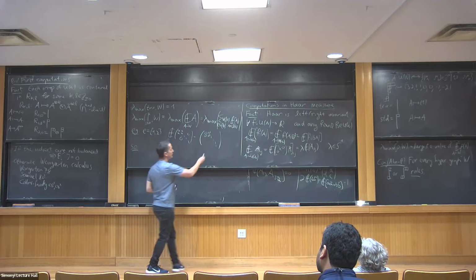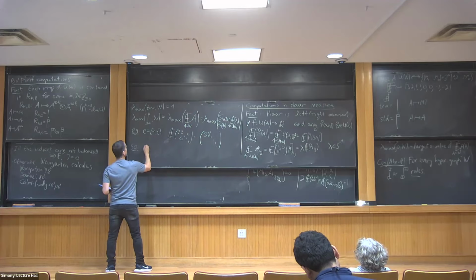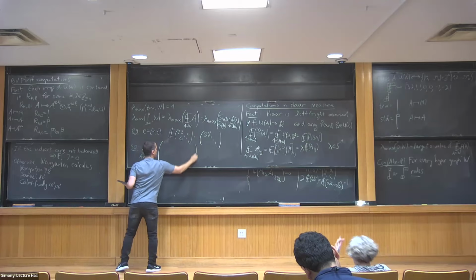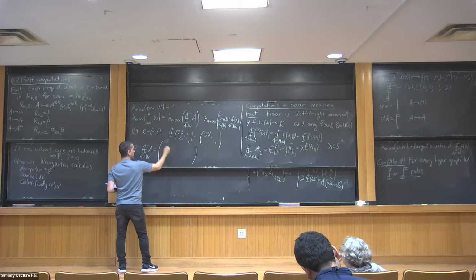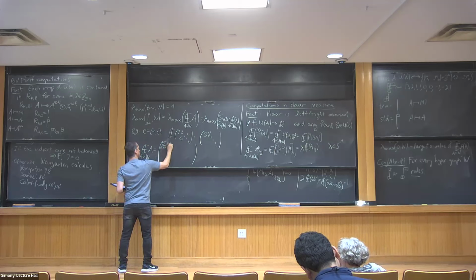So if I do the sum, I get that the expected value of A is the diagonal matrix. Here in this entry, I get the sum over all the edges that don't contain 1 with the weight.